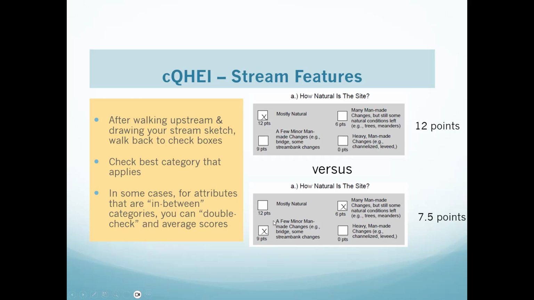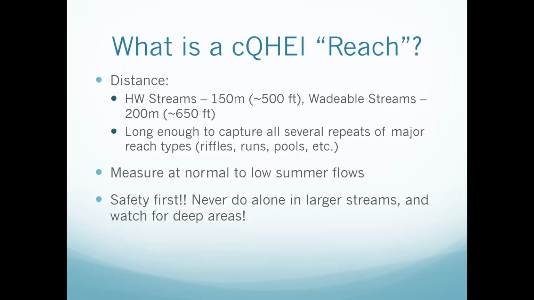In this bottom example, it says a few minor man-made changes, such as a bridge, or many man-made changes and still some natural conditions left. If you're in between those, you can double check and average to get a score of 7.5. So pretty much you're just looking for the best category for each of those.